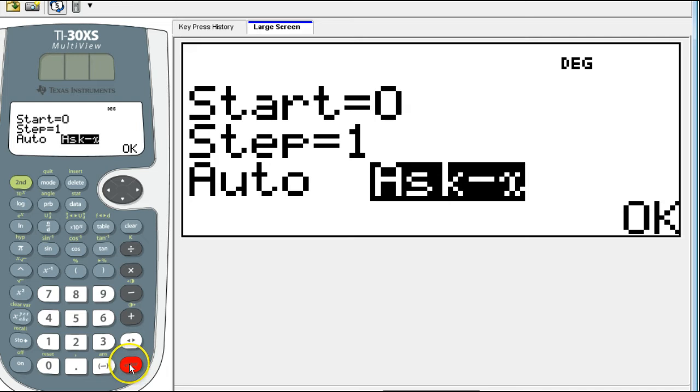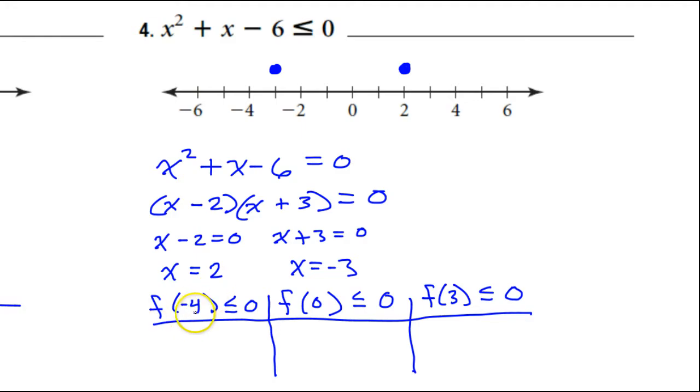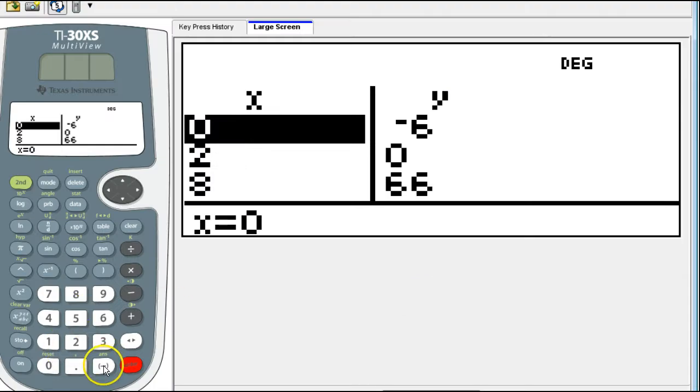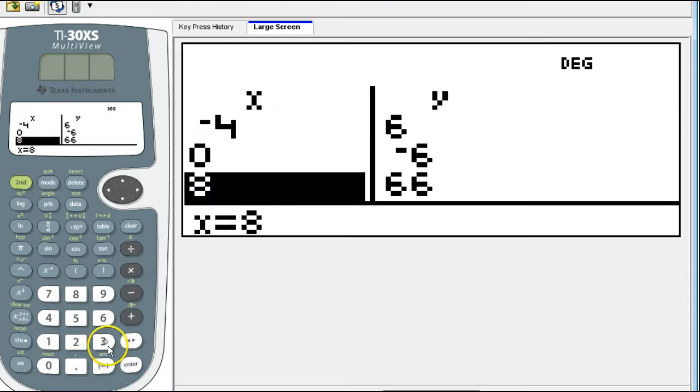And hit enter. Make sure your calculator is in Ask X mode. It will be ever so convenient. So we want to test the function at these 3 specific values, negative 4, 0, and 3.